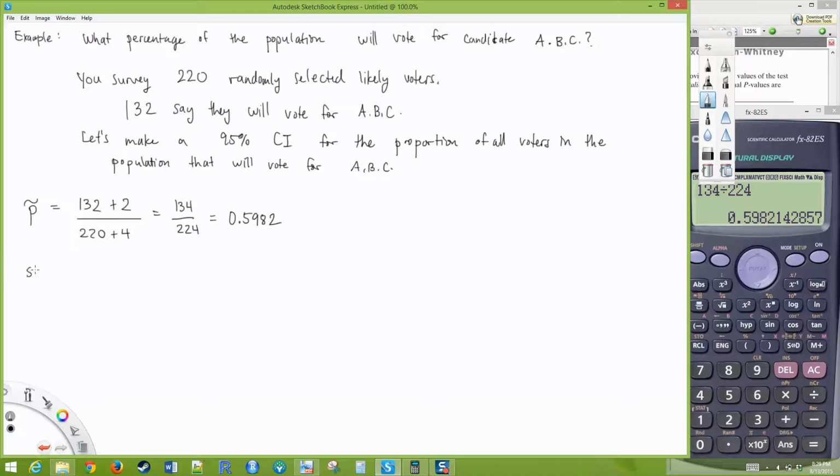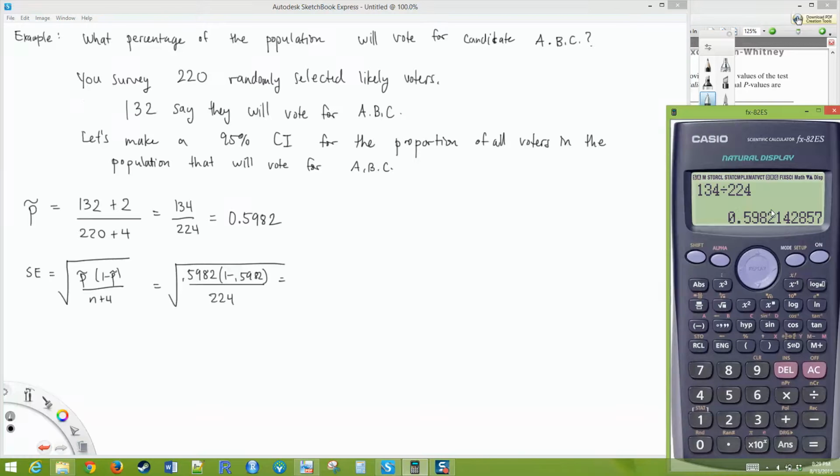Okay, and so my standard error is this times 1 minus the answer, divided by 224.